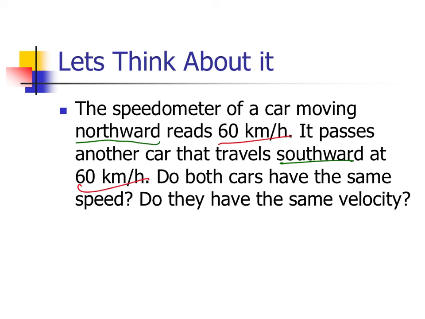Because their direction is different, they have different velocities. So we have to be careful when we read a problem, because some of the problems are going to give us one thing and some are going to give us another thing. And so we have to be careful about how the problem is laid out to us.